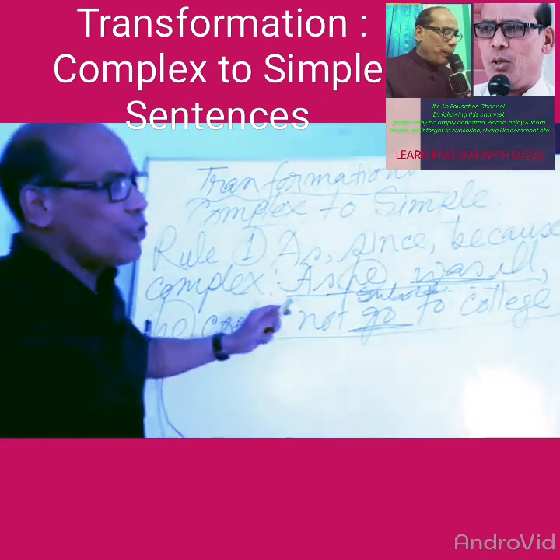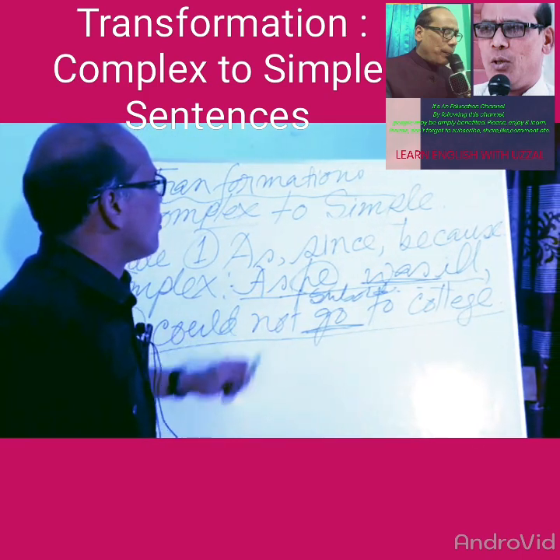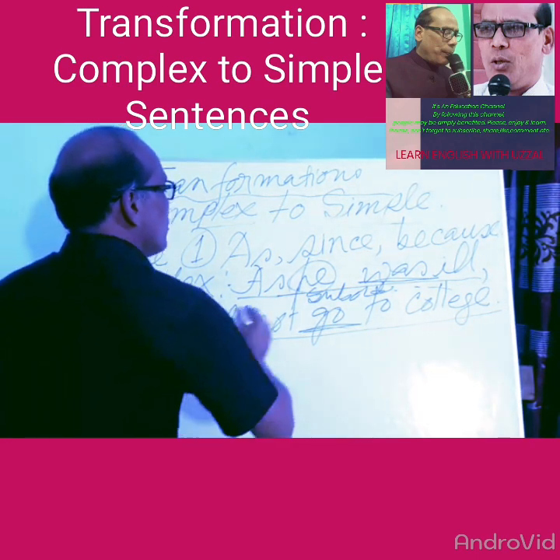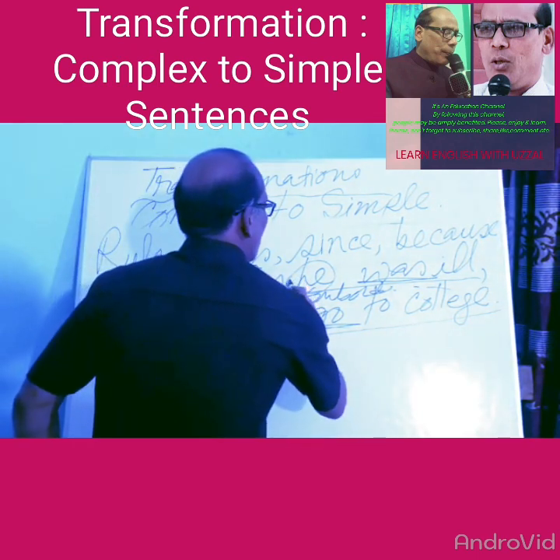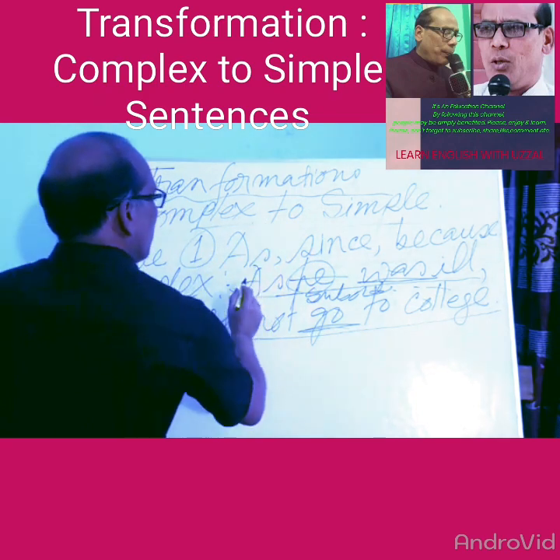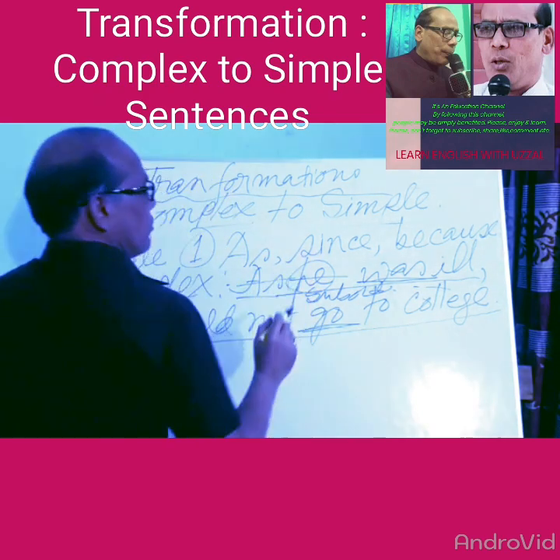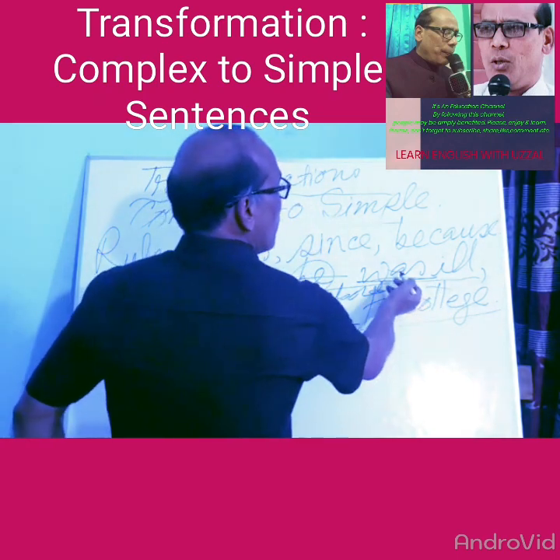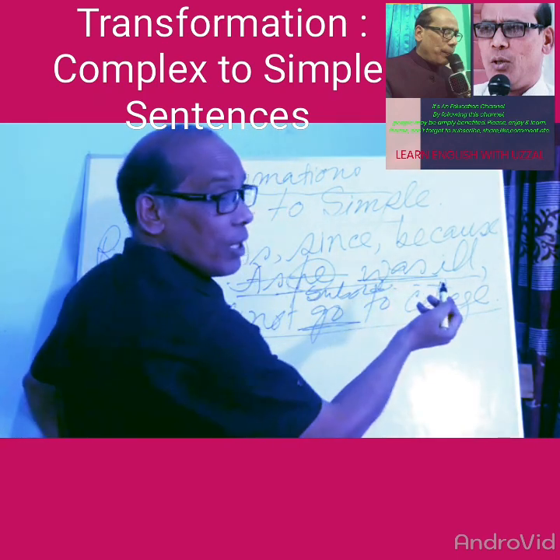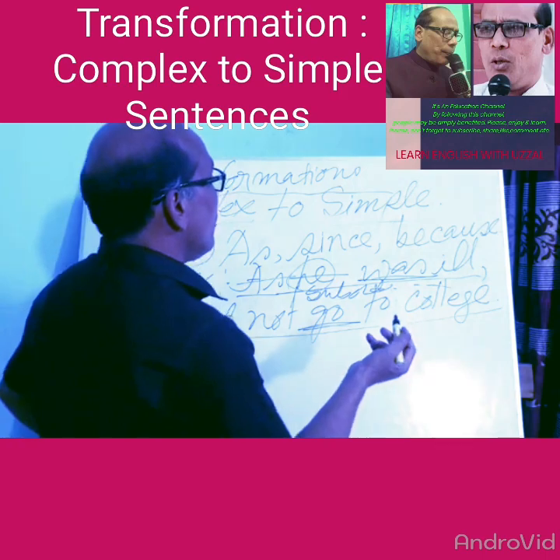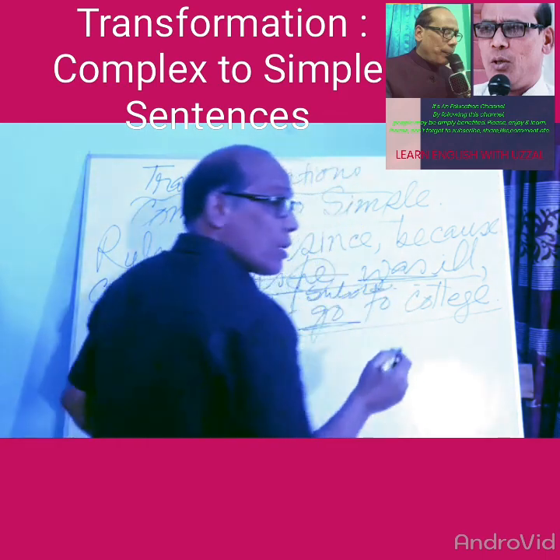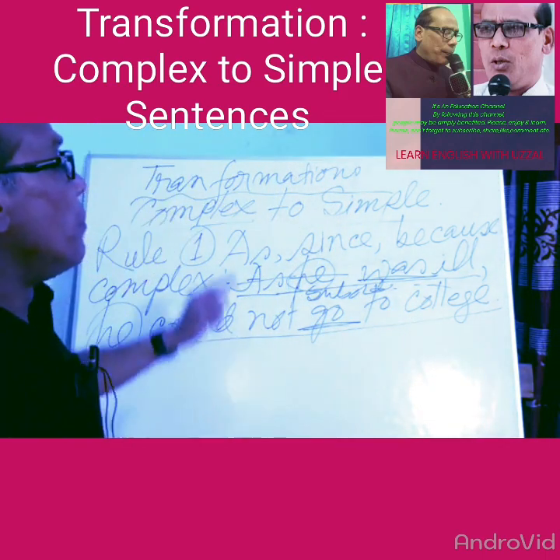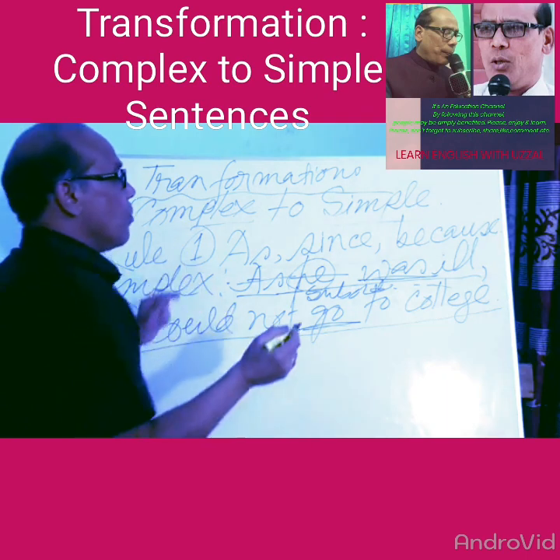And as we will have to change the subordinate clause, let us omit he, also the conjunction. We will have to add ing here, and we have to add ing to the base form of the verb.